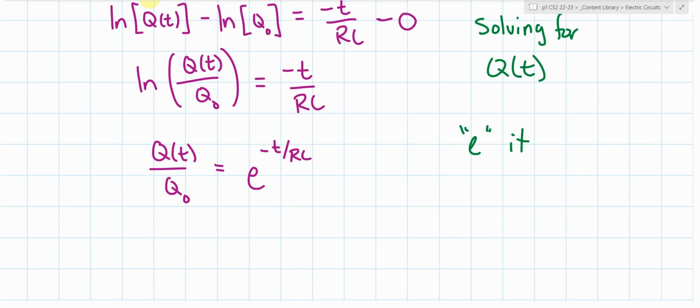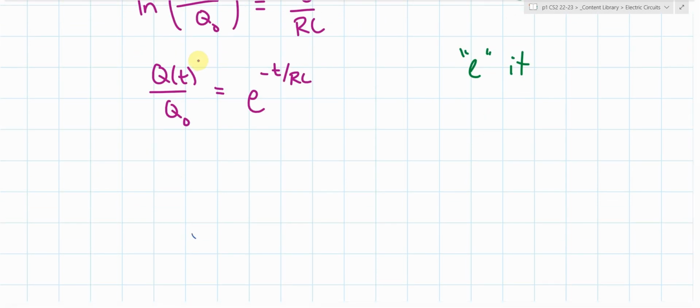Okay. And then just multiply by q naught to get q of t. And then we're done. We solved for q of t. Q of t equals q naught e to the -t over rc power. And this, in fact, is the function for the charge on the plates as a function of time.